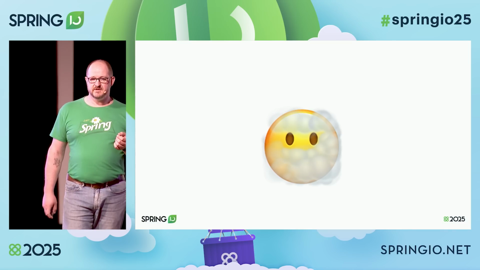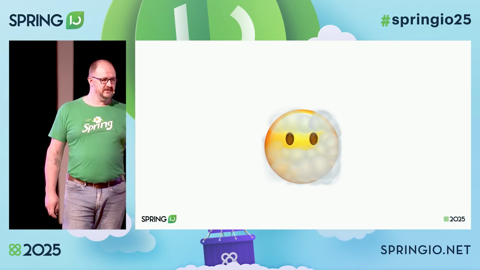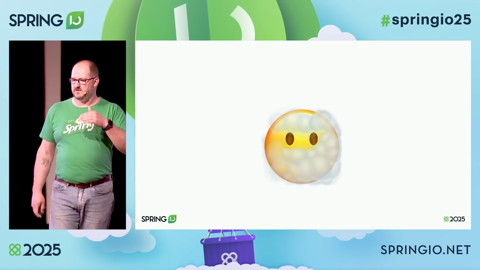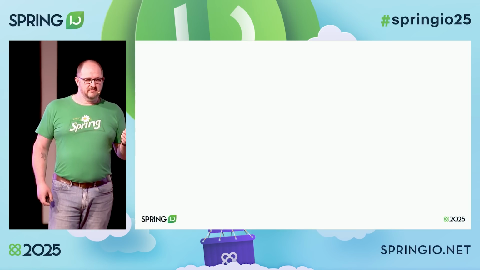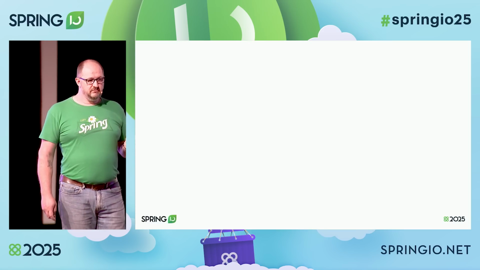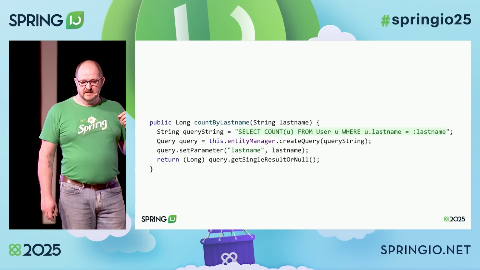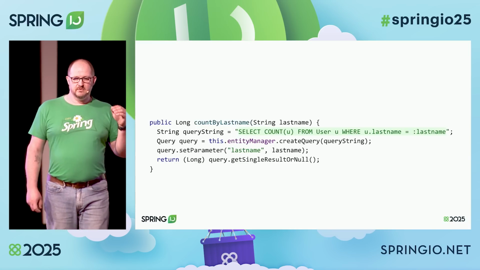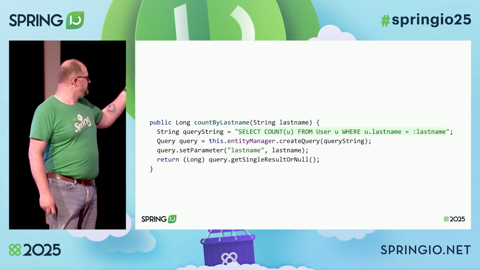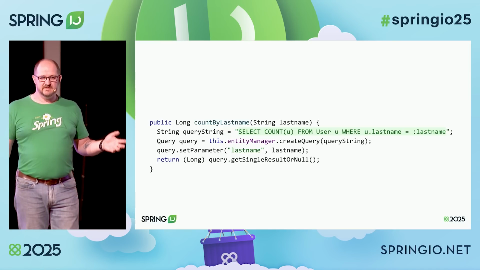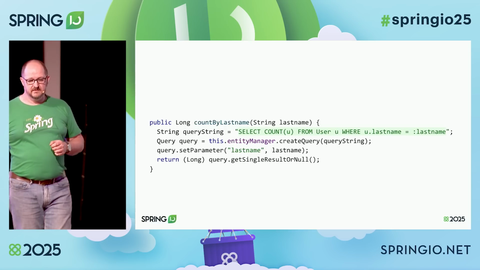You can exit your debugger session and then set up SQL logging and try to correlate all the logs. That's not fun either, right? So that's not great, right? You rather wanted to have the optimum for debugging a repository query method. Something that displays to you what the query is, what its parameters are, and how to execute that, right? That is a beautiful thing. And if you compare that against proxies, then this is actually the thing you want to have.